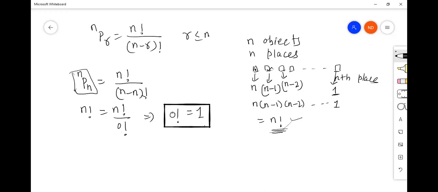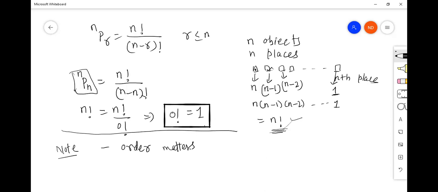Now, till now, whenever we say arrangement, what special thing can you observe? Whenever we say arrangement of objects, order is taken into consideration. So in the case of permutation, order matters.